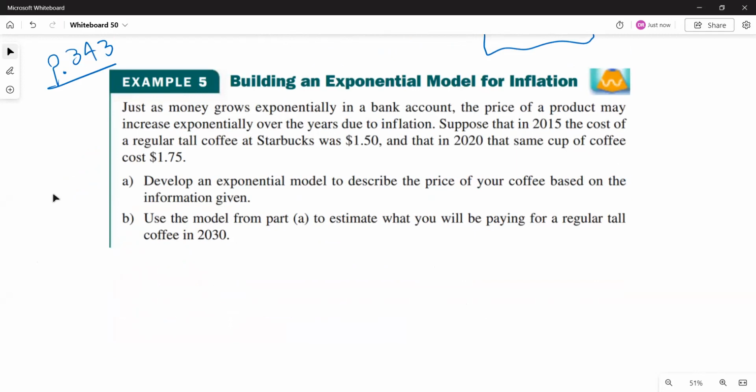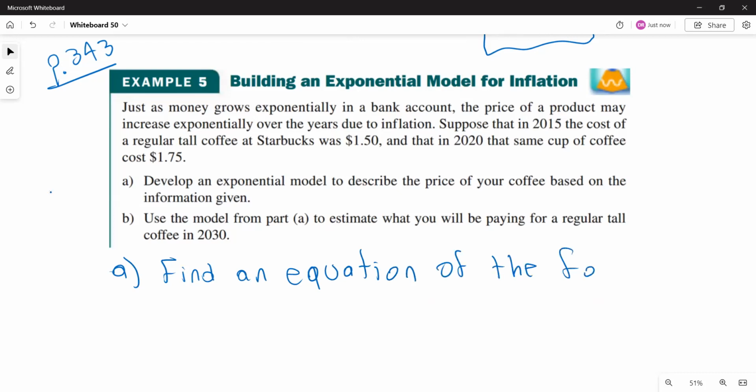We're going to use this data to develop an exponential model to describe the price of your coffee based on the information given, and use the model to estimate what you will be paying for a regular tall coffee in 2030. Okay, so we're going to find an equation of the form y equals a times b to the x power.